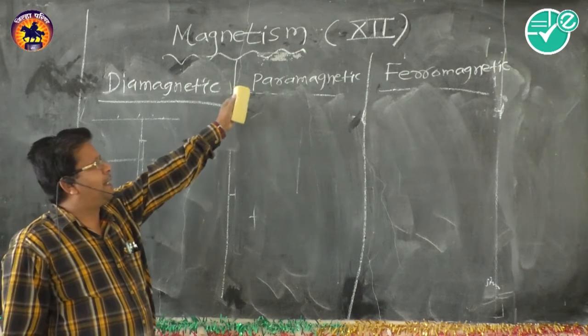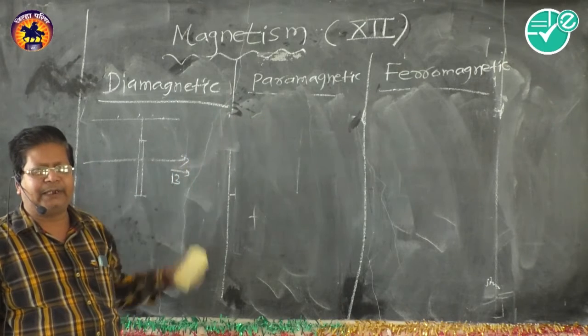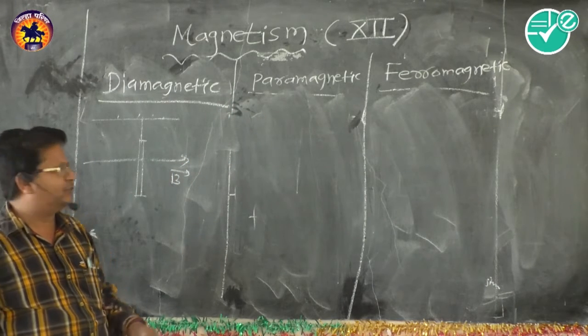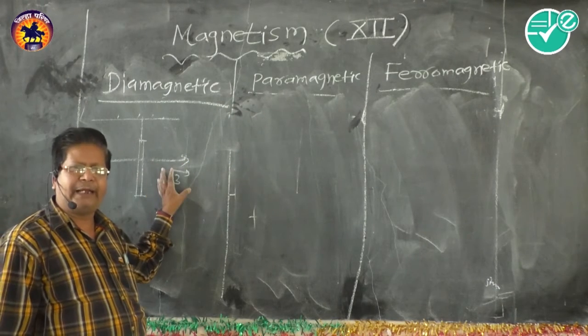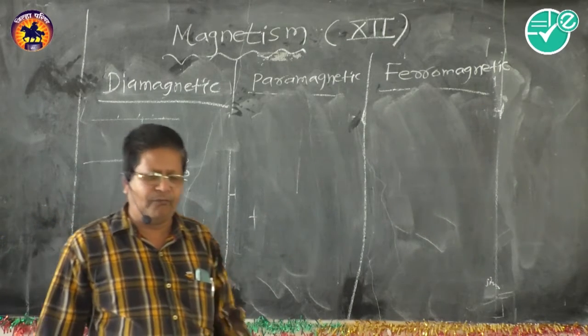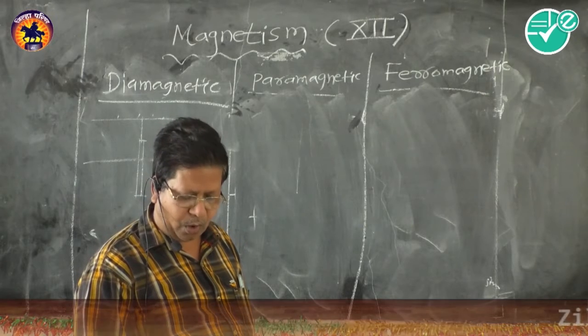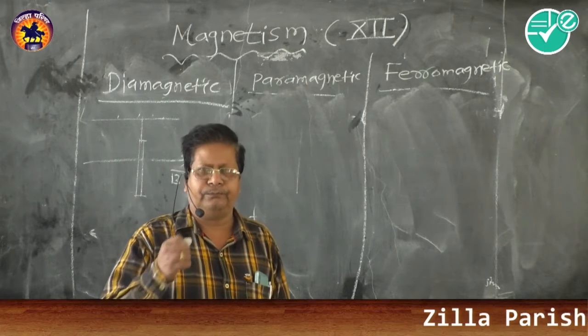In case of paramagnetic substances, if a thin rod of paramagnetic material is placed in a uniform magnetic field, then it comes to rest with its length parallel to the direction of the magnetic field.